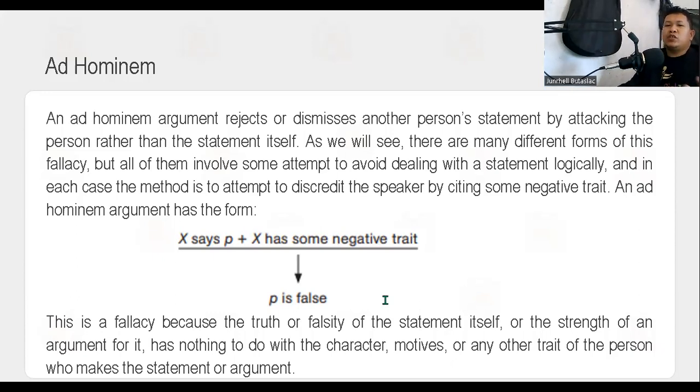Suppose that someone criticizes you for telling a white lie. If your critic is himself a notorious liar, you would probably be tempted to say, look who's talking. This response is certainly understandable. No one enjoys being censured by a moral inferior, but it is fallacious.